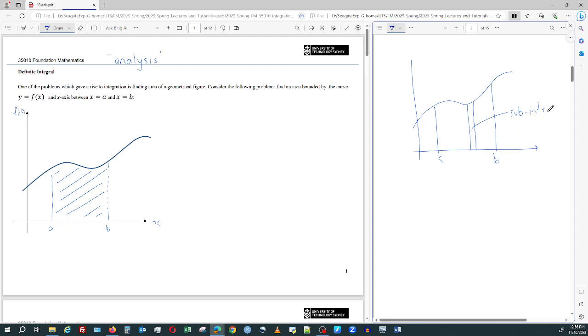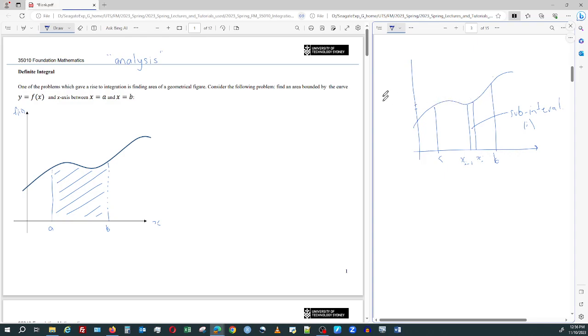Now, perhaps we can think about the area of the sub-interval in terms of the function value and the various values. So if I put this as some value xi and the previous interval would be xi minus 1. And then we have corresponding function values.